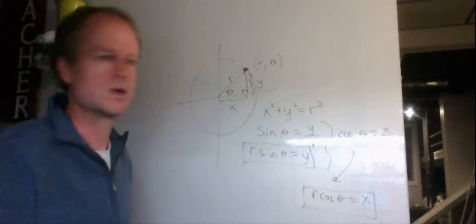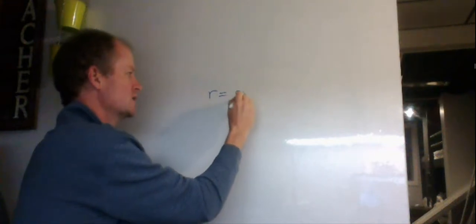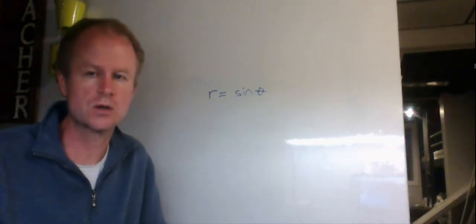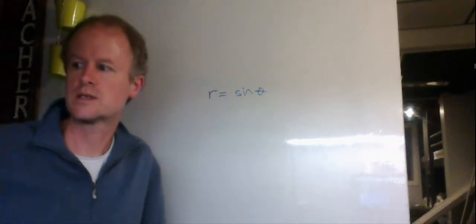All right, in the problem that we're going to do, we want to show that if I have r equals sine of theta, when I graph that, it's a circle. We need to work through some steps.